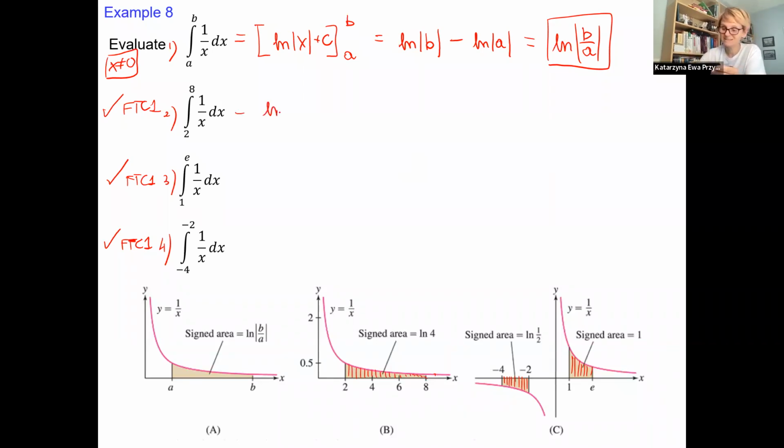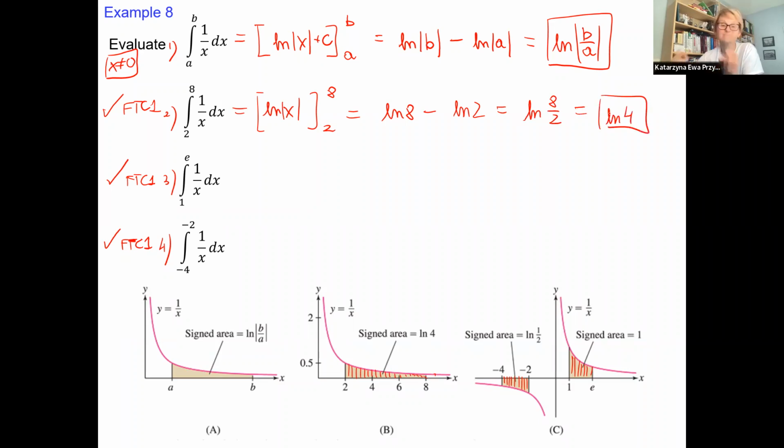Okay, that means I can say right away, between 2 and 8, natural log of 8 minus natural log of 2. I don't need absolute value because they are positive. Natural log of 4. And this one, natural log of e over 1. What's the natural log of e? Natural log of e is actually 1.